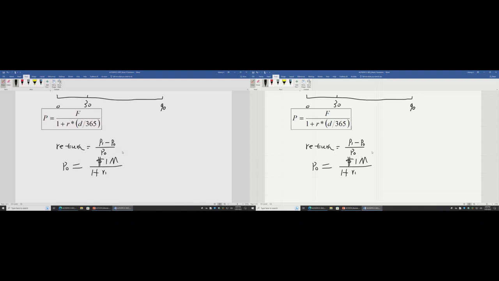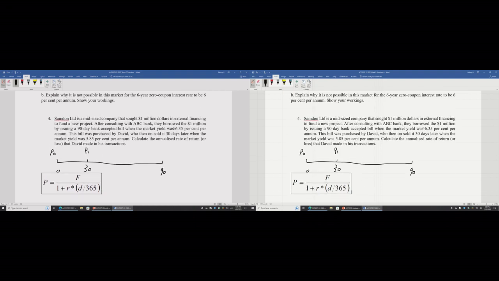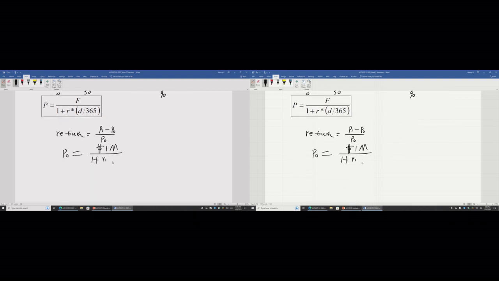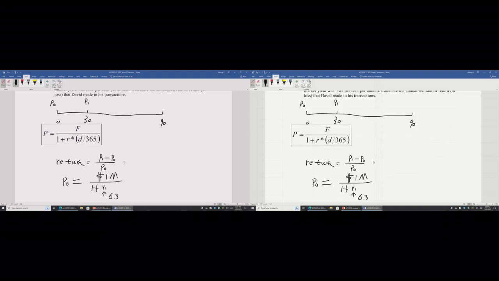The simple interest rate at that time point. So that information has been given: 6.35% per year.